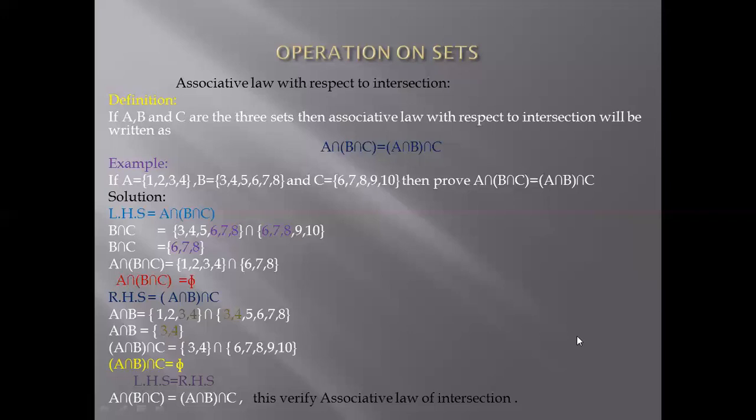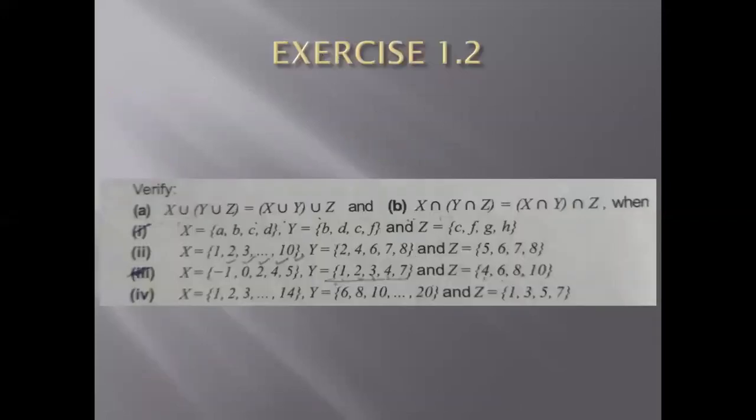You see our question 2 is verify X union Y union Z is equal to X union Y union Z, with the brackets in different places. It means part A is about the associative law of union and part B is about the associative law of intersection.